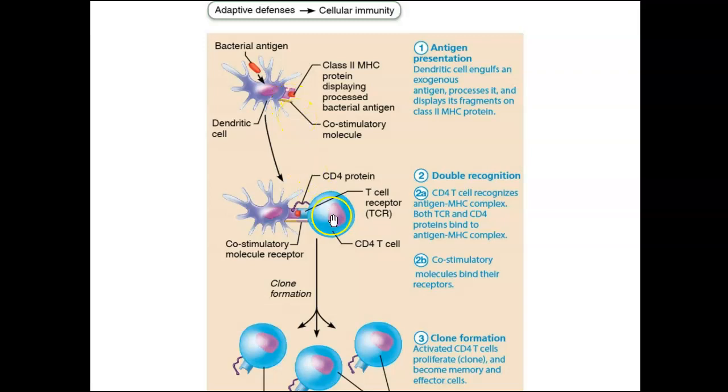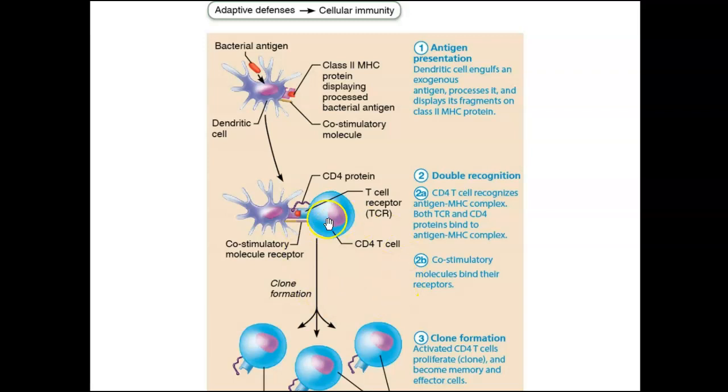Then it's going to encounter a T cell, which has a T cell receptor that's going to recognize the class 2 MHC and the antigen and the co-stimulatory molecule. And in addition to that, a CD4 protein is going to attach and ensure that the fit is even more tight, I guess you could say.